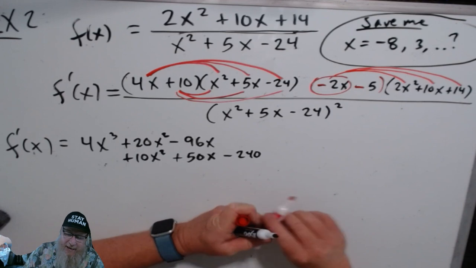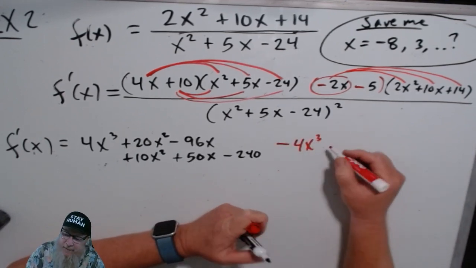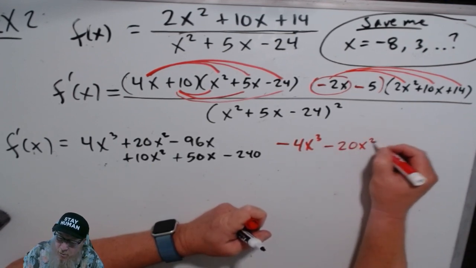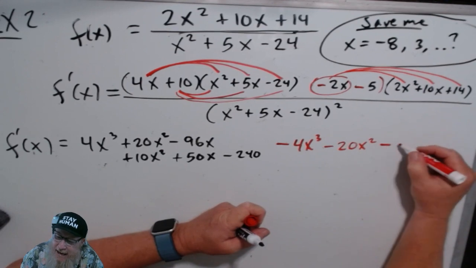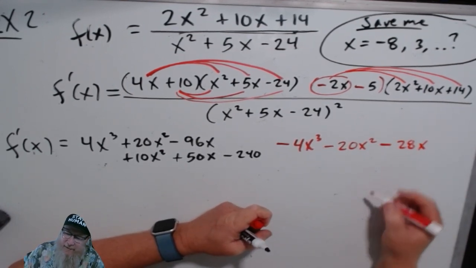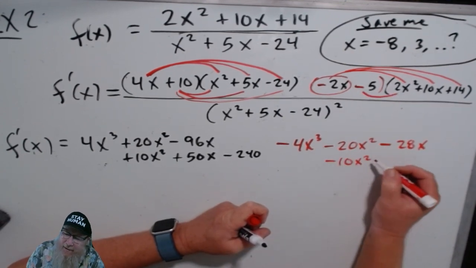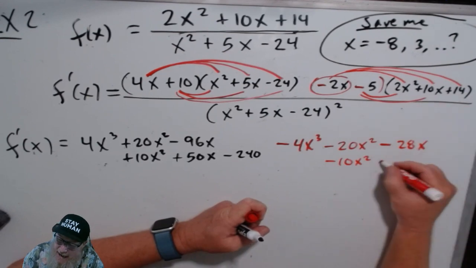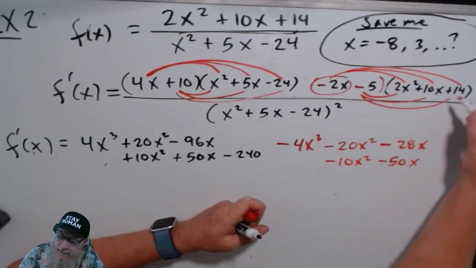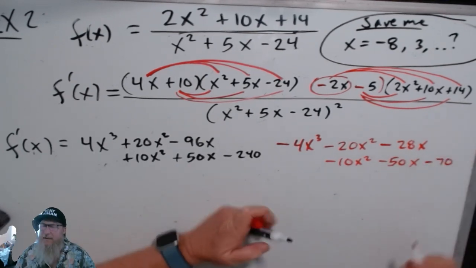So that's going to be negative 4x cubed, negative 20x squared, negative 28x. And then this one as well, negative 10x squared, negative 50x, negative 70.